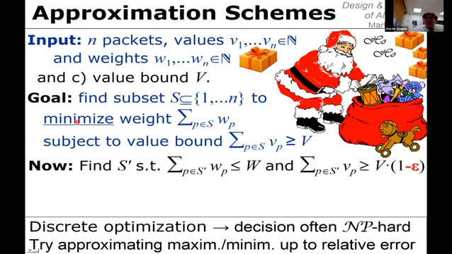There's no such thing as an approximate yes or an approximate no. But for optimization problems, we can approximate, and depending on whether it's a minimization problem or maximization problem, our goal is slightly different. For a minimization problem, we cannot beat the optimal minimum. So we cannot find a lighter choice of the packets that satisfy the value constraint, being less heavy than the optimal solution.